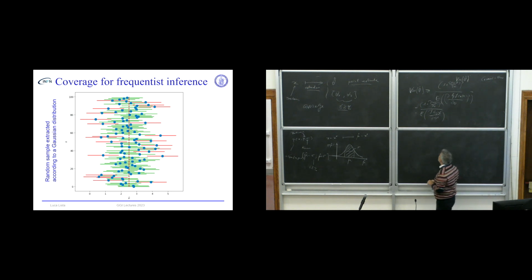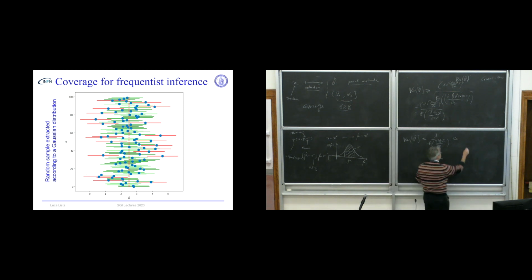I can say that the variance is approximately equal to 1 over minus the expected value of the second order derivative of the logarithm of the likelihood with respect to theta. The expected value could be roughly estimated as the second order derivative computed at the minimum.